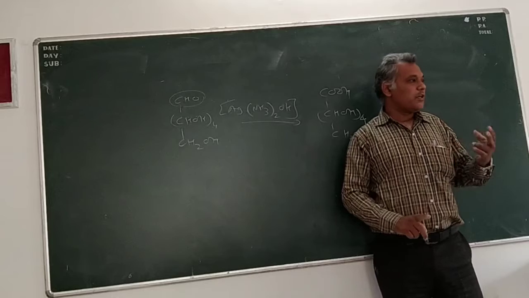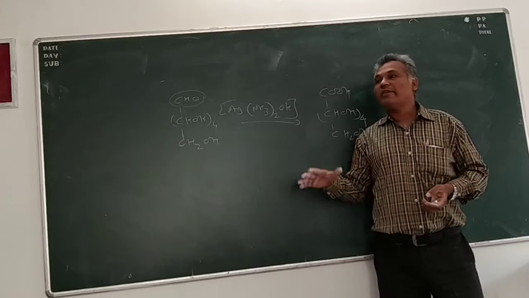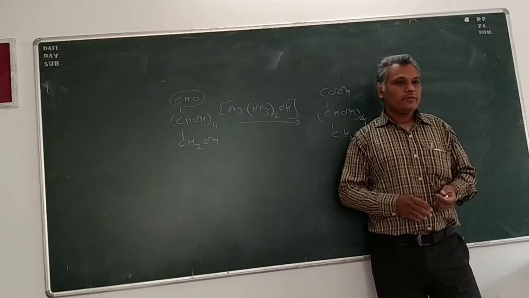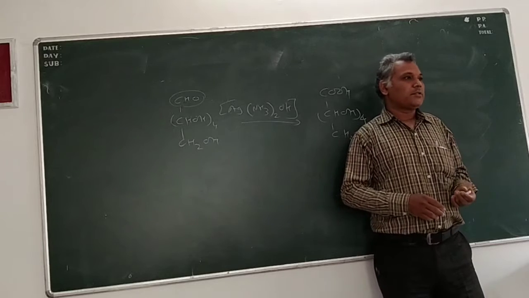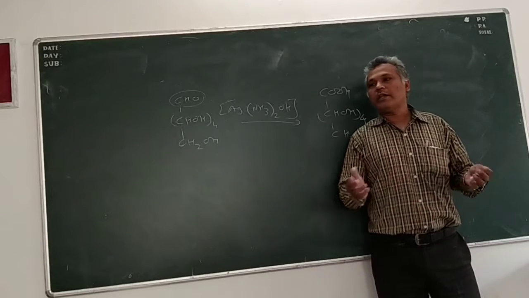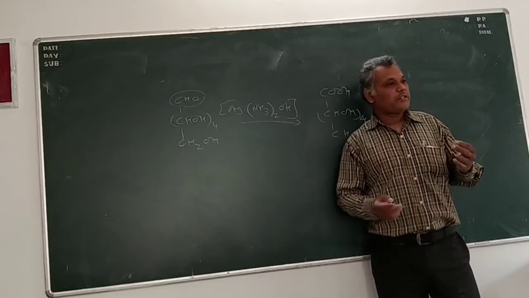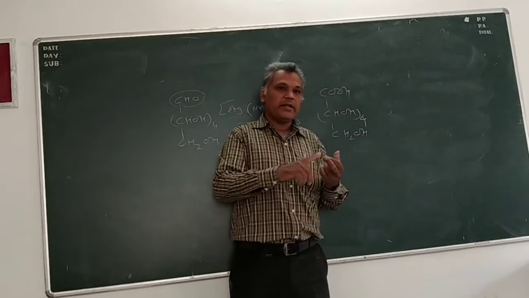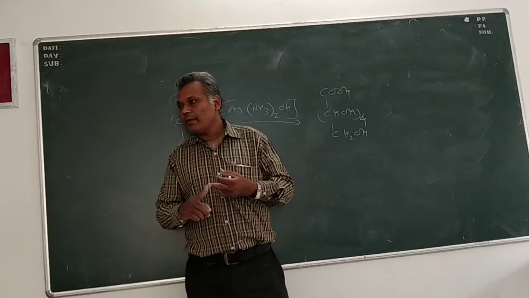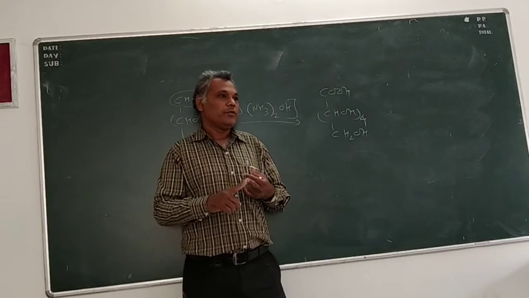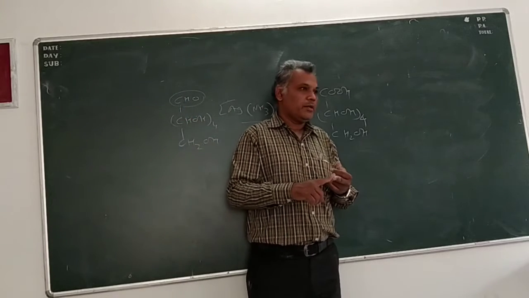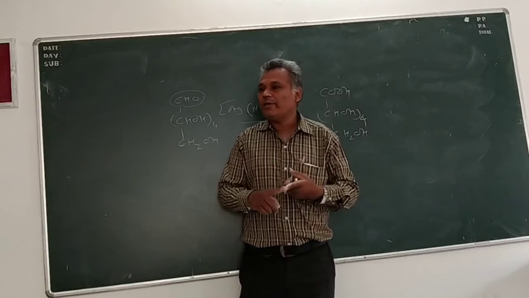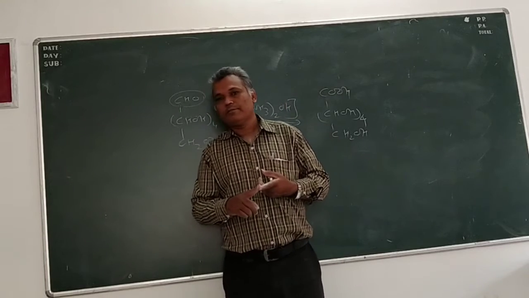So both tests you will have to do. For your practicals, not all aldehydes will be given to you, only either of two of them: one is benzaldehyde, one is glucose. Either of them will be given to you. Glucose will be in the form of solid and benzaldehyde will be given to you in the form of liquid.